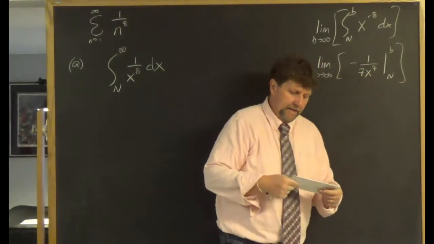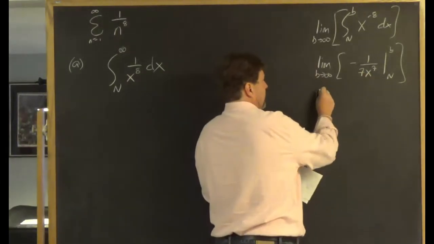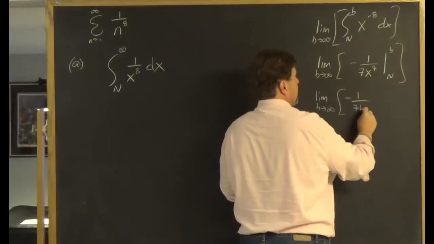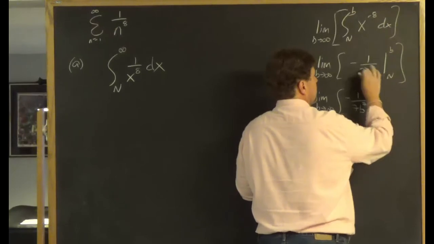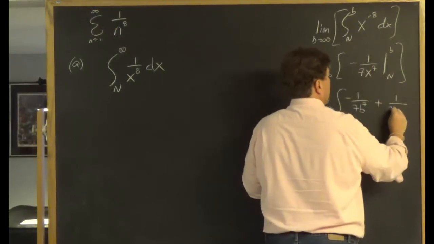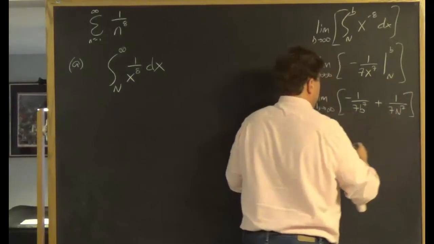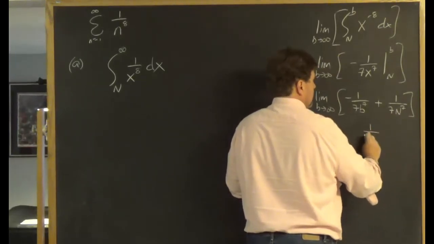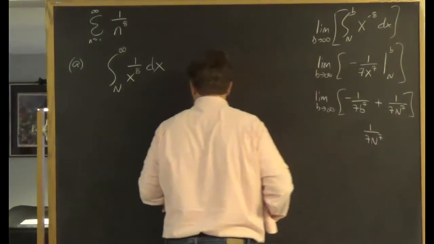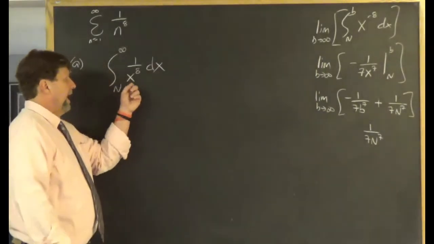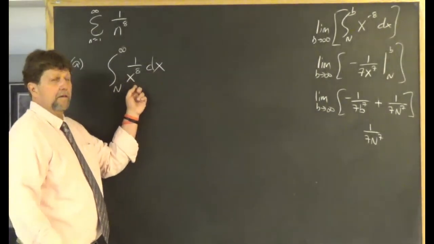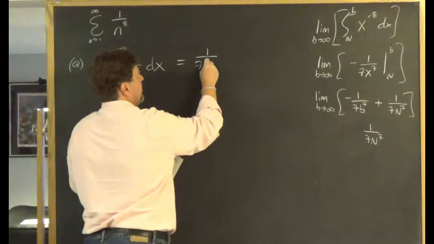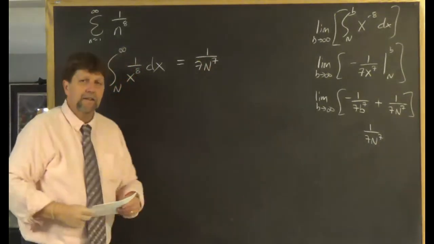Then we have the limit as b goes to infinity of negative 1 over 7b to the 7th minus negative, so that's a plus, 1 over 7n to the 7th. As b goes to infinity, the first term goes to 0. The other is a constant. So the remainder is bounded by this, and we just evaluated that it equals 1 over 7n to the 7th.